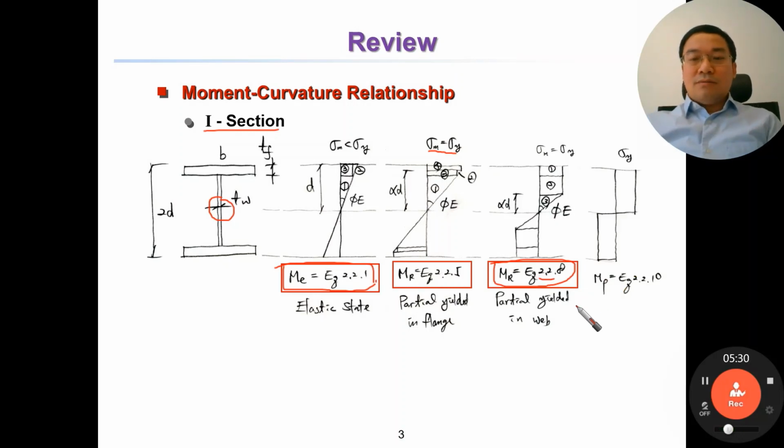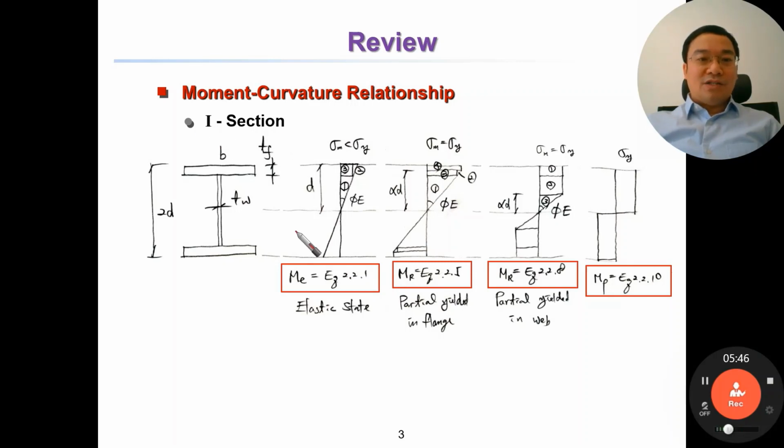And for fully plastic, Mp can be calculated by equation 2 to 10 in the textbook. So for the I section, 4 different equations can be used to determine the moment corresponding to 4 different states of the I section.